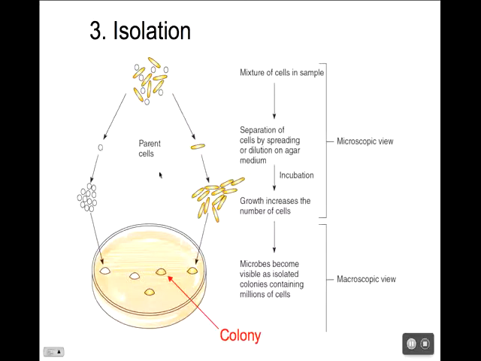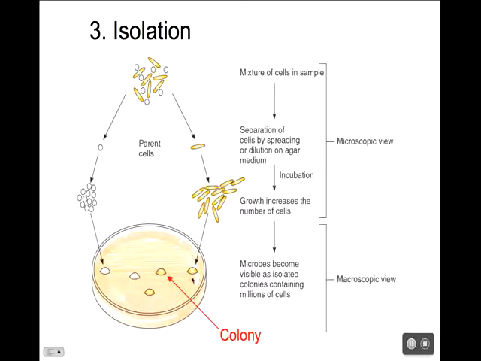And when you dilute it to the point that you have individual cells, then you place those cells on the surface of your media. You inoculate them onto the media, put that into the incubator, and in the incubator you're encouraging growth so that one rod-shaped organism becomes 2, and then it becomes 4, and then it becomes 8, and eventually you wind up with a whole big group of microbes.